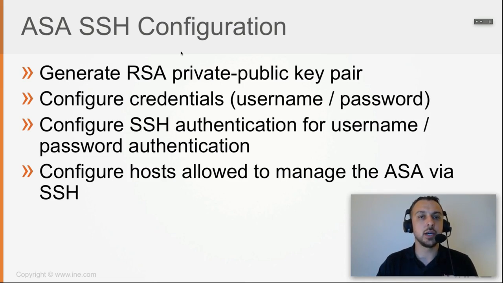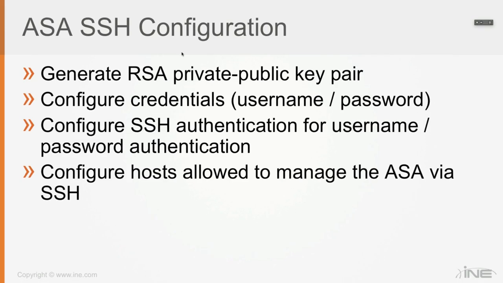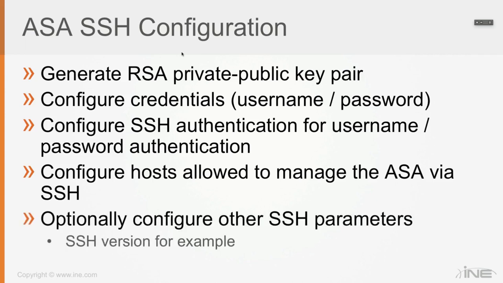So if you want to allow management traffic to the ASA, you have to tell the ASA from which sources you want it to accept SSH sessions. So it's one more step on the ASA to configure the allowed list of hosts to manage the ASA via SSH. And likewise, optionally configure the SSH parameters, like SSH version, for example, on the ASA as well.